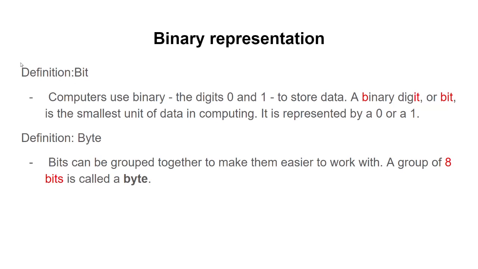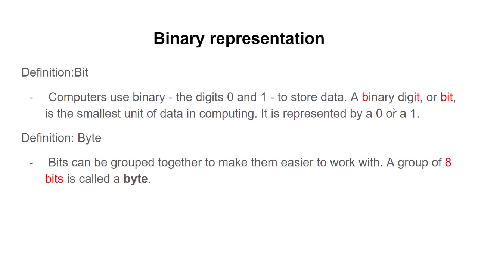So the most fundamental way to represent data is a bit, where, as I said, computers use binary, the digits 0 and 1, to store data. A binary digit or bit is the smallest unit of data in computing. It is represented by a 0 or a 1.